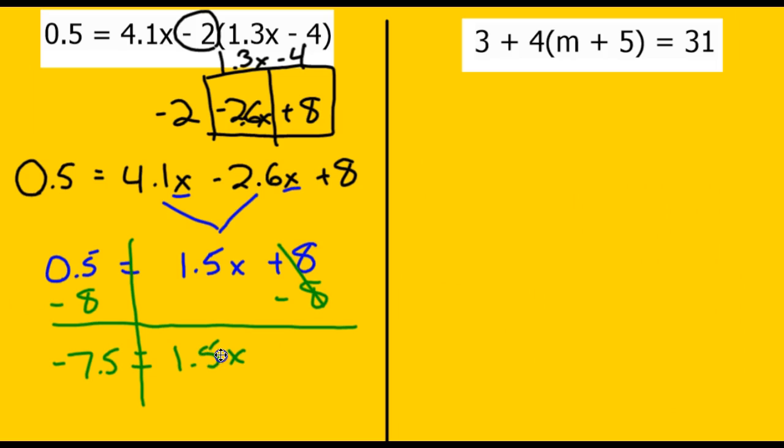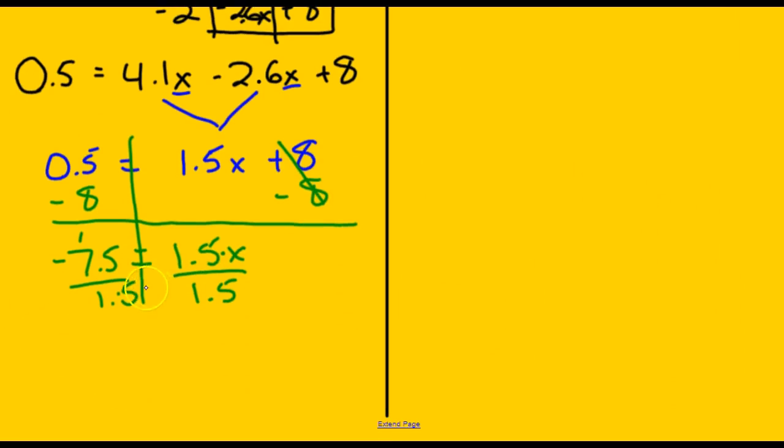Then we have 1.5 and x touching, so the opposite of that is to divide by 1.5. We have negative 7.5 divided by 1.5. Our x is negative 5.